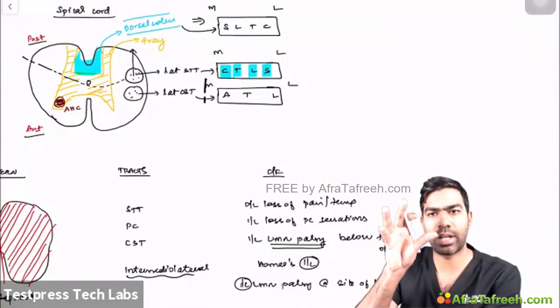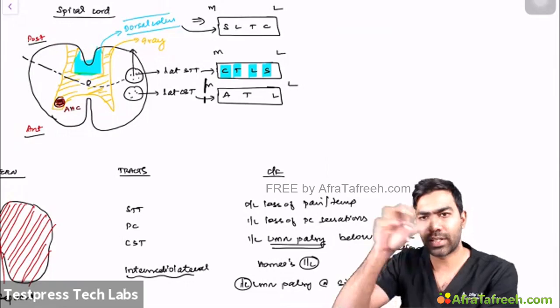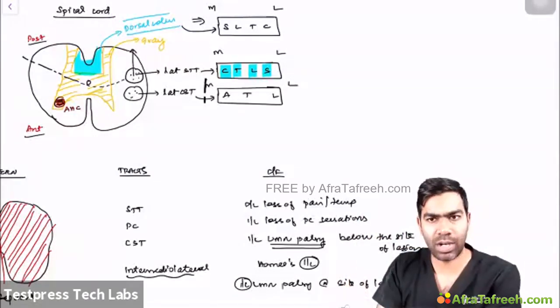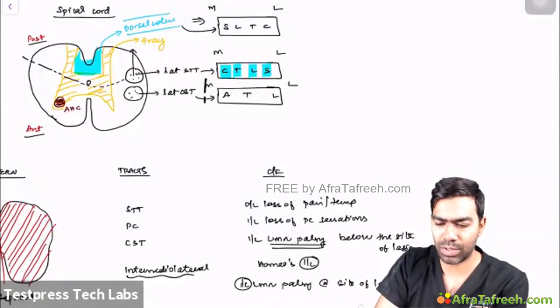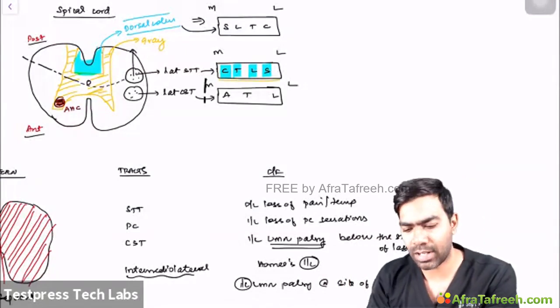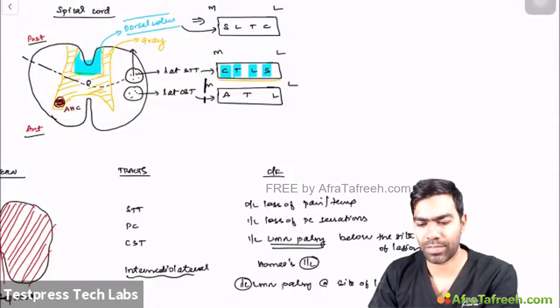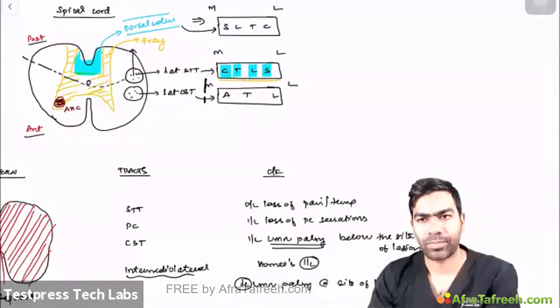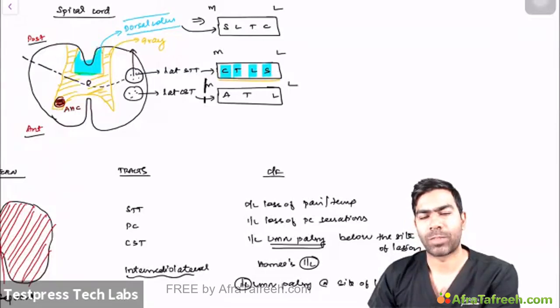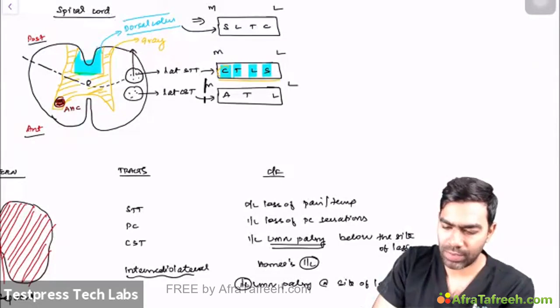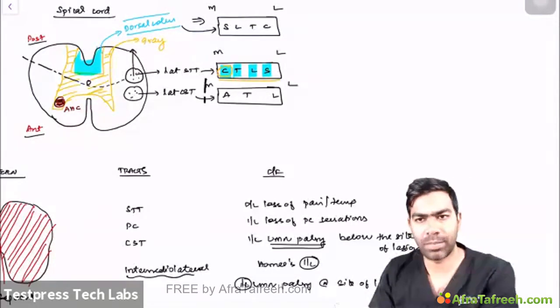So if the central cord expands, or if there is any pathology around the central canal, and if it expands, if you affect the spinothalamic tract, which will be affected first? The cervical fibers or the sacral fibers? It's a very simple thing to understand, isn't it? Cervical fibers first. This will be the first thing that will be affected.